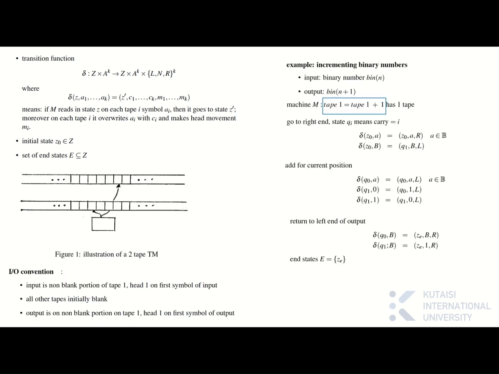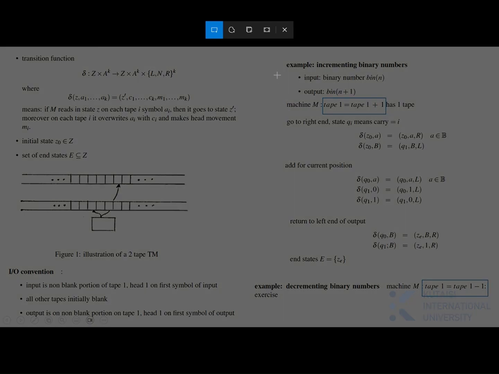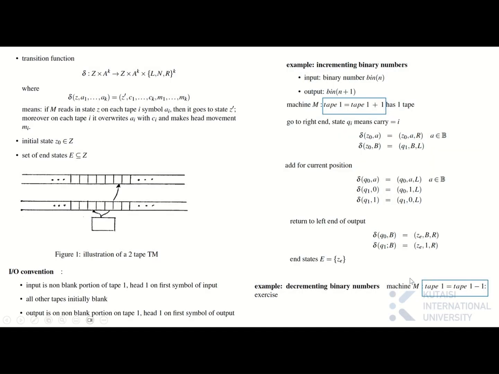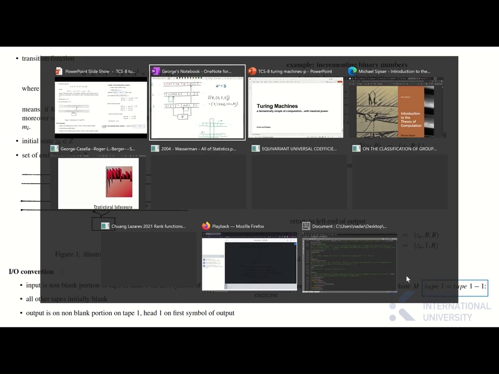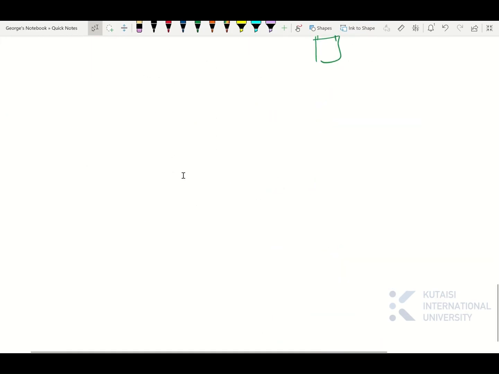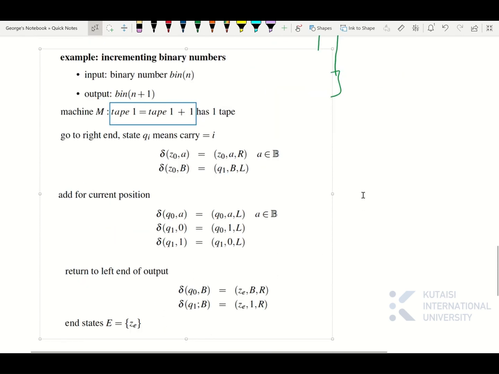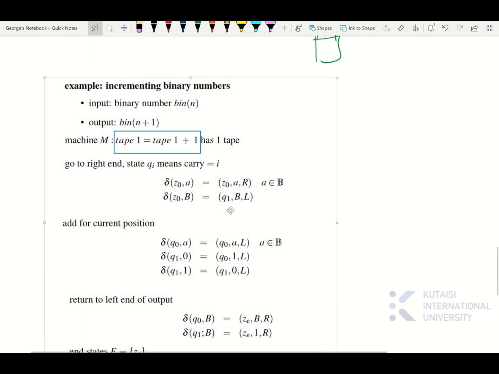Let's do the first example here, and maybe copy this. Let's copy this there, and let's discuss this example in detail. So what is this? This is the machine that adds 1.